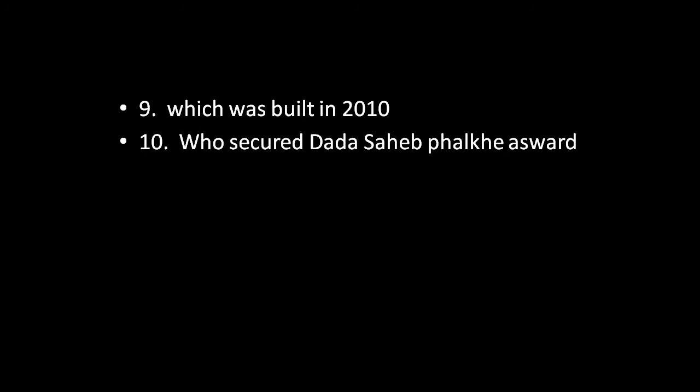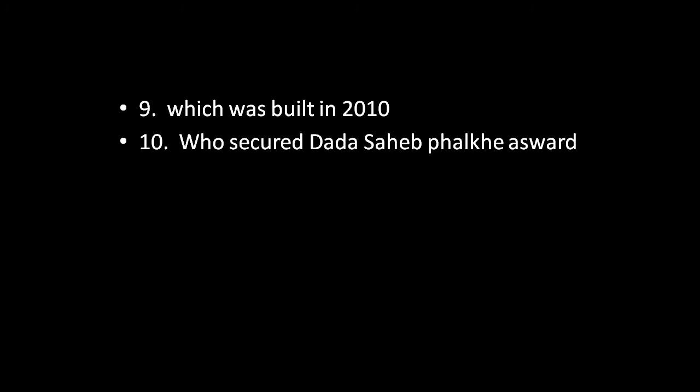Last one: Viswanath is one of the outstanding directors in Telugu film industry. We are talking about Viswanath, and this Viswanath secured the Dada Saheb Phalke Award for his good direction. As we are talking about Viswanath, in this sentence we use the relative pronoun who, and it should be placed after the noun or the subject Viswanath.